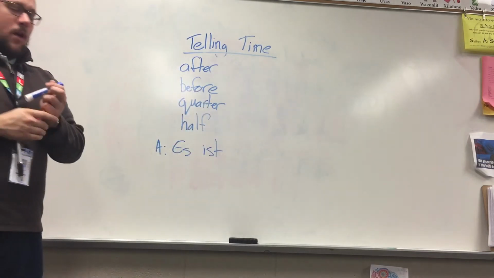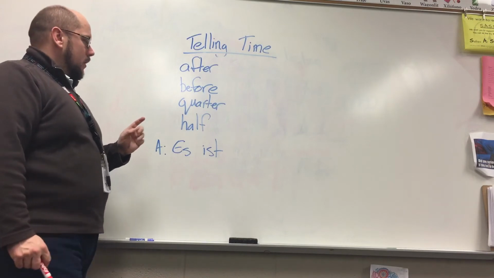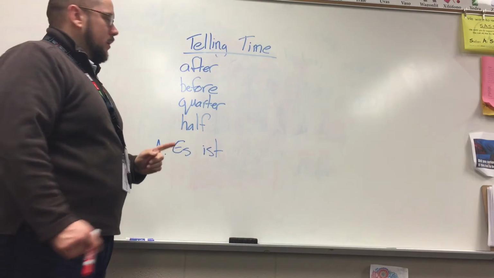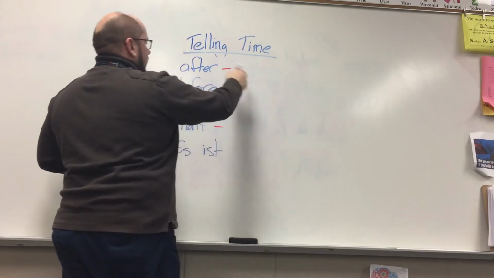These are the 4 words that we use when we're talking about telling time. All of them are important. I'll show you how to use them in just a second. First, I'll give you the German translation.